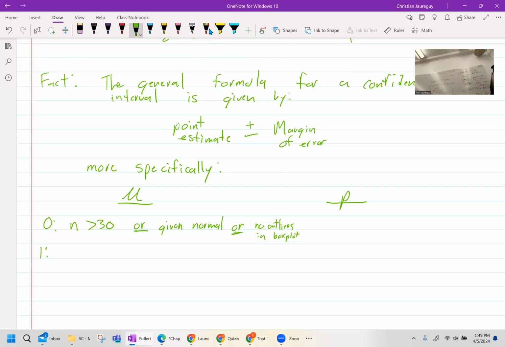But then one would be X bar plus or minus, right? We're finding the interval. I guess we should write it like this. Find interval conditions.